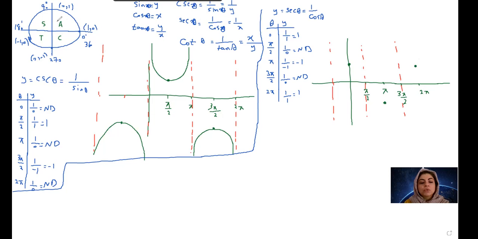Cosine in the first quadrant is positive, meaning at this point I need to go up, make sure it's positive. From 0 to pi over 2 is the first quadrant. In the second quadrant, the cosine is negative, so you have to go down, make sure it's negative. In the third quadrant, the cosine is negative, so I have to go down. In the fourth quadrant, the cosine is positive, so from 3 pi over 2 to 2 pi I have to go up.